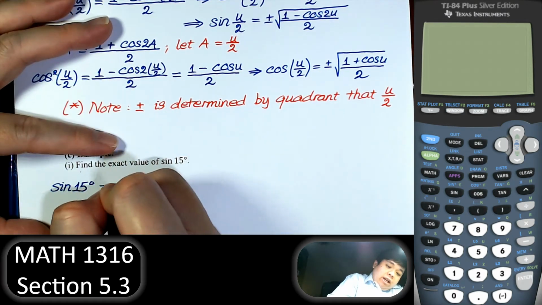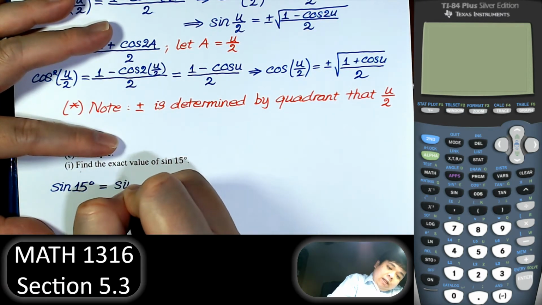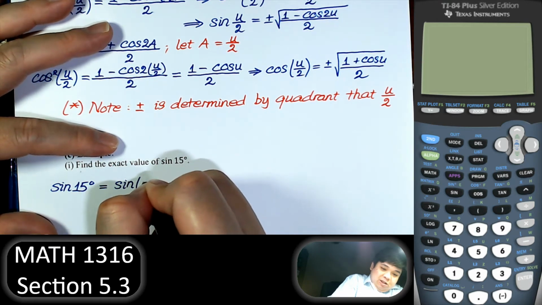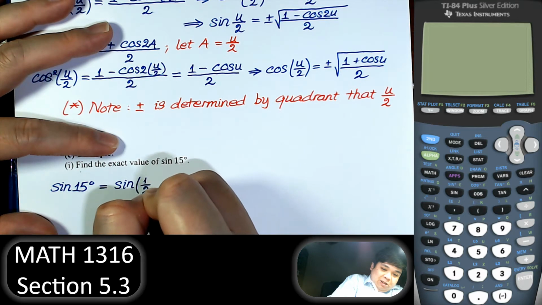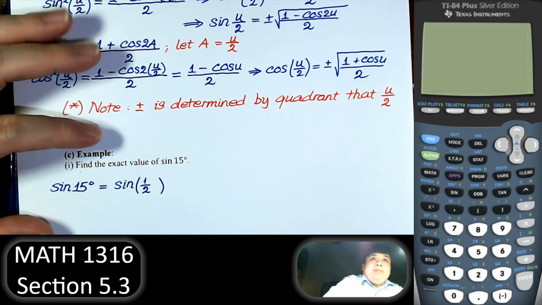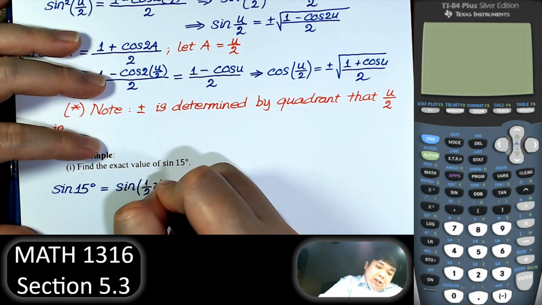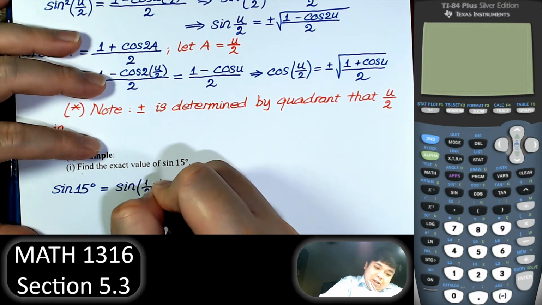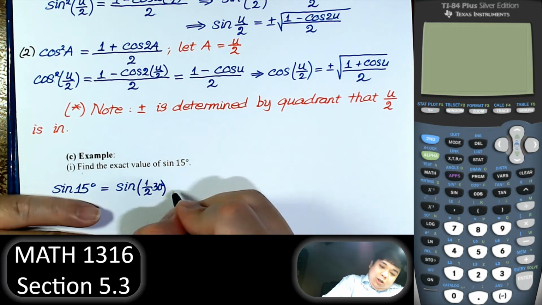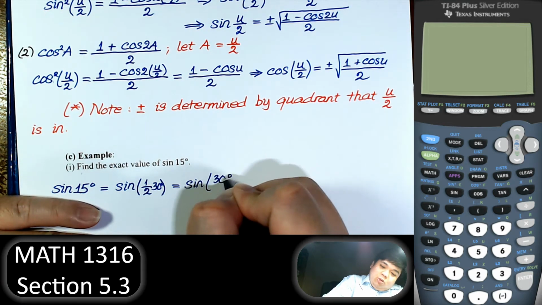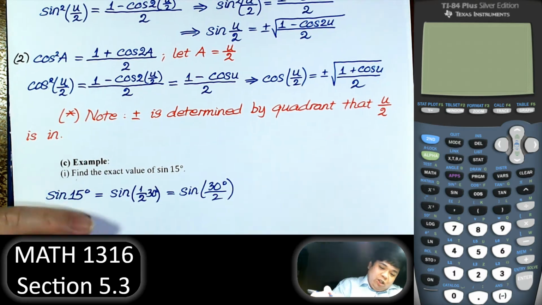So thinking in context, 15 degrees is half of what? 15, of course, is half of 30. So we can say sine of 30 over 2. Right.